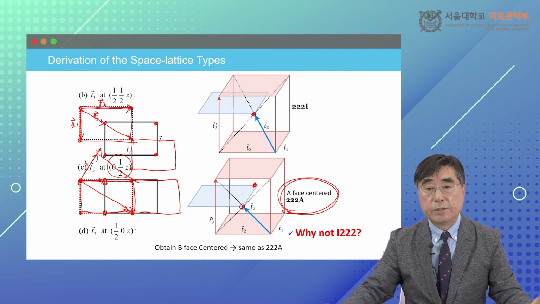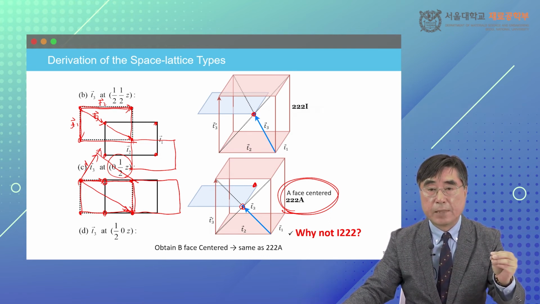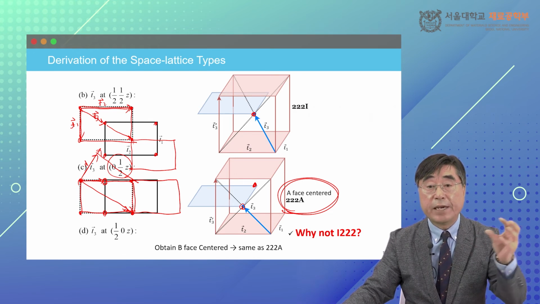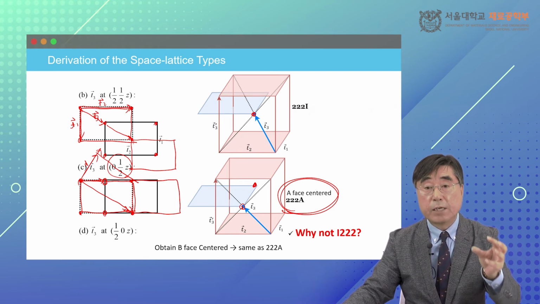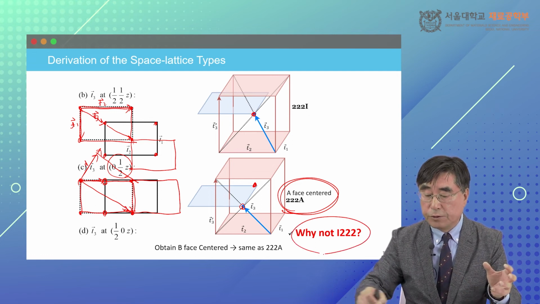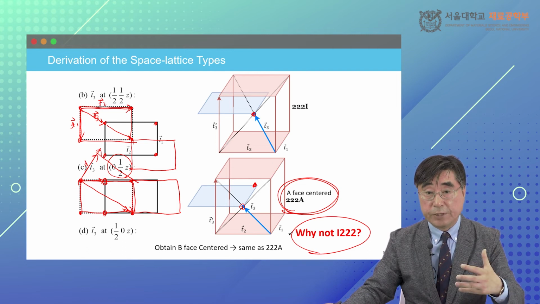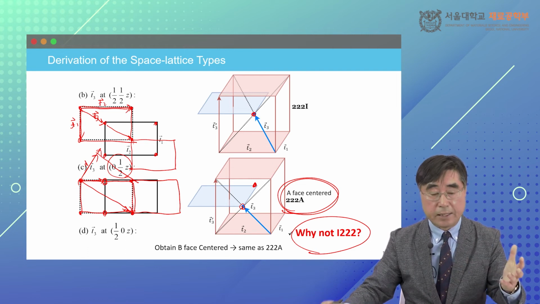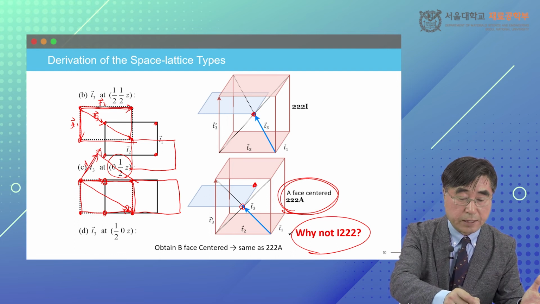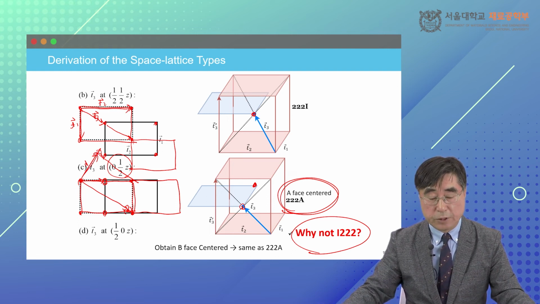Okay, so 222A is developed. So 222 develops the orthorhombic crystal system, and 222A is the A face-centered orthorhombic Bravais lattice. Okay, so why not I222? Because the T1 vector and T2 vector should be 90 degrees. So I cannot define the T1 vector and T2 vector in this manner as I did in the case of the monoclinic crystal system.